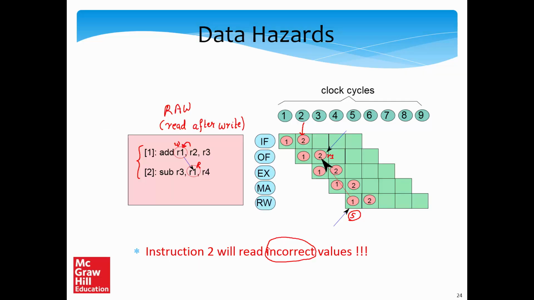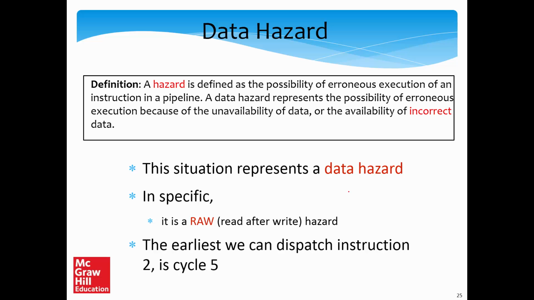In this case, in cycle number 3, if we try to read R1 from the register file, we will simply not get the right data, because the right data has not been written to the register file yet. That will cause a problem, and that's called a data hazard. There is a possibility of an error. In specific, this is a RAW, read after write, data hazard, because we have two instructions where the first instruction is writing and the second instruction is reading.